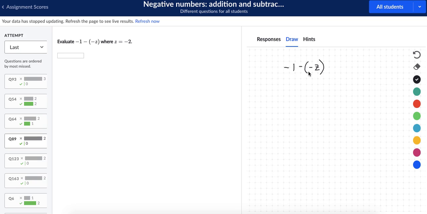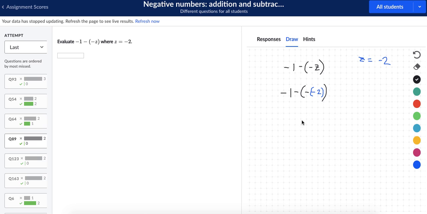So what is this when we know that z is equal to -2? We're going to plug in -2, so z equals -2. And that gives us -1 minus, now be careful here, -1 minus -2.